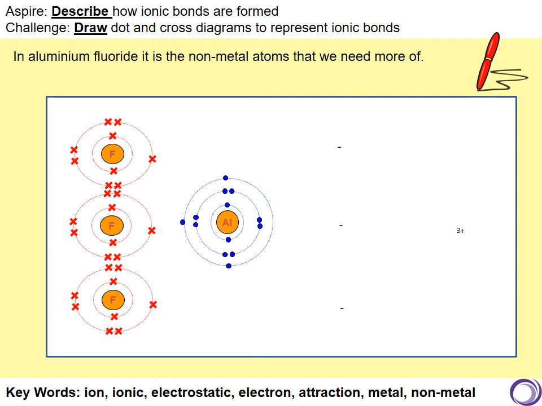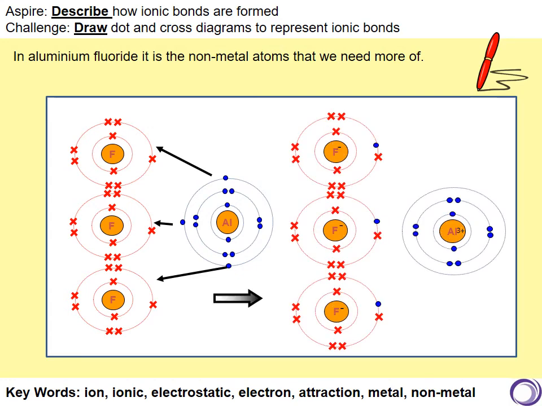So in this case, aluminium will donate 1 electron to each of 3 fluorine atoms. That results in us producing 3 fluoride ions and 1 aluminium ion. The oppositely charged ions will then still attract and form aluminium fluoride.